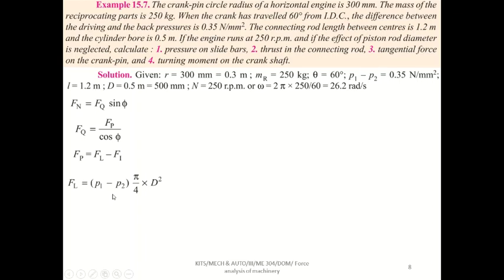Next, the inertia force Fi equal to m r omega square into cos theta plus cos 2 theta divided by n, where m is 250 kg, omega is 2 pi N by 60, that is 26.2, and theta is 60 degree.